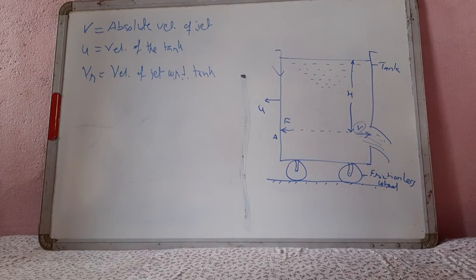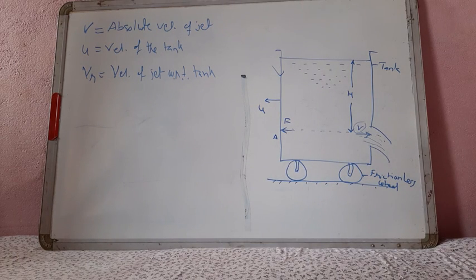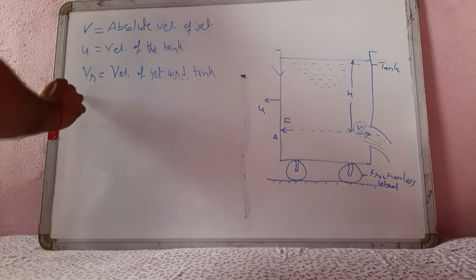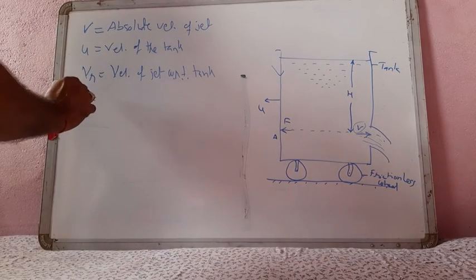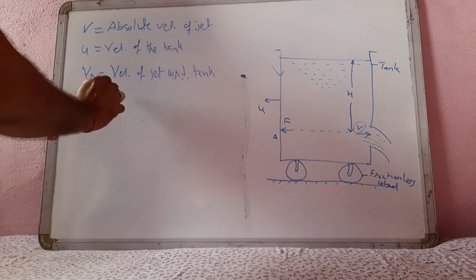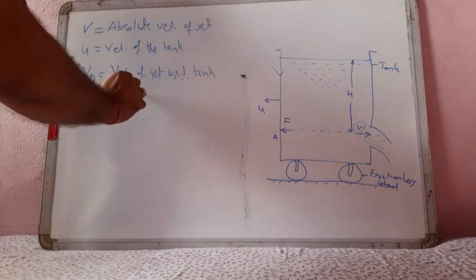Now the Vr is the vectorial difference of the absolute velocity v and the velocity of the tank u. So Vr equals v minus u.